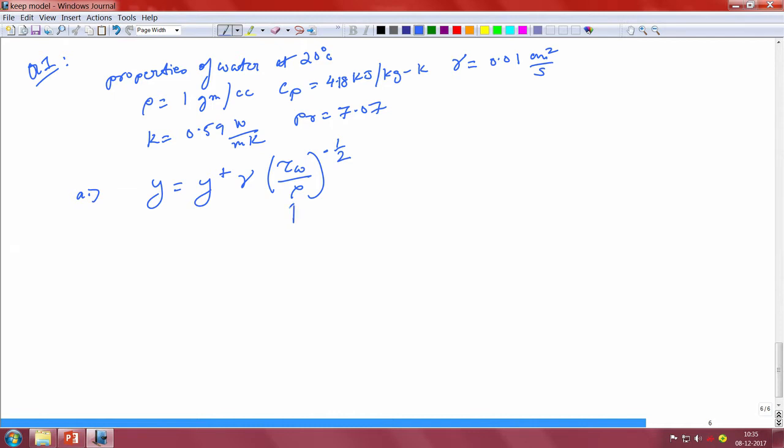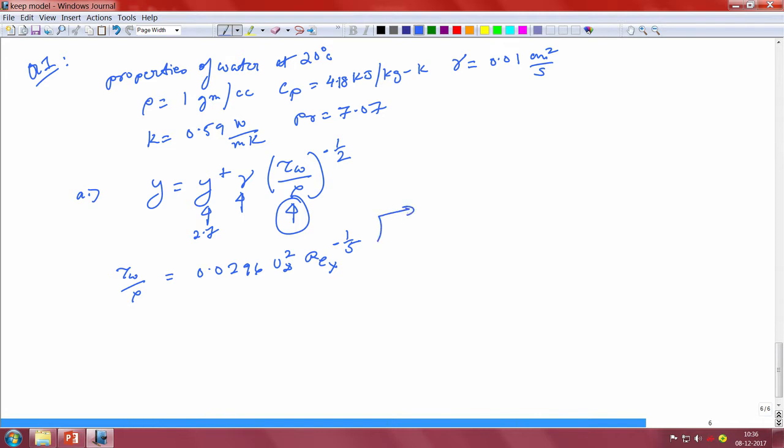We already know y plus is 2.7, and we know the value of gamma, it is given there. So, what will be the value of tau wall by rho? Tau wall by rho is given from our correlations as 2.296 into u infinity square, Reynolds number x to the power of minus 1/5.